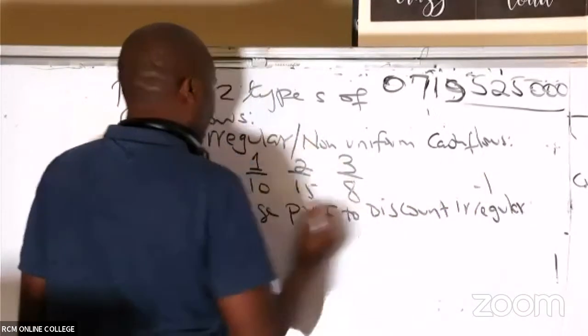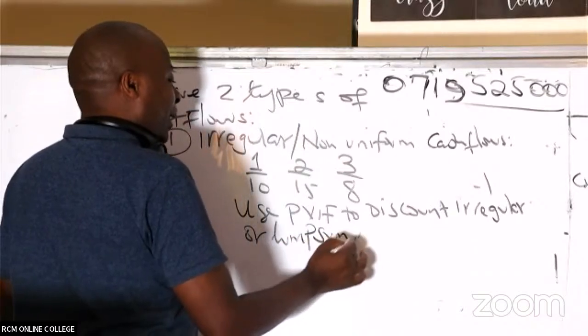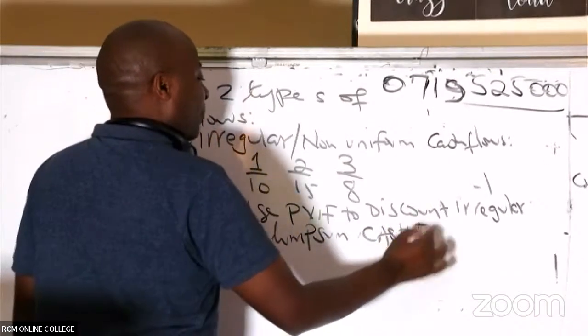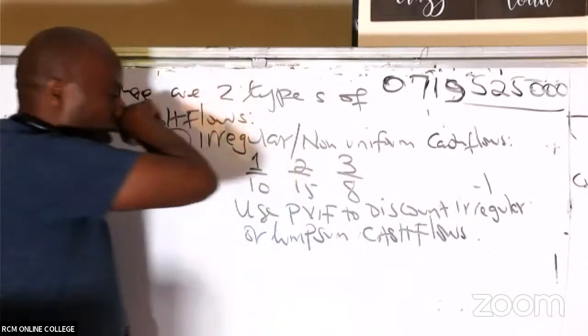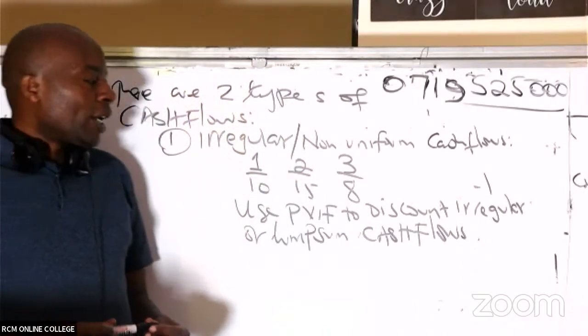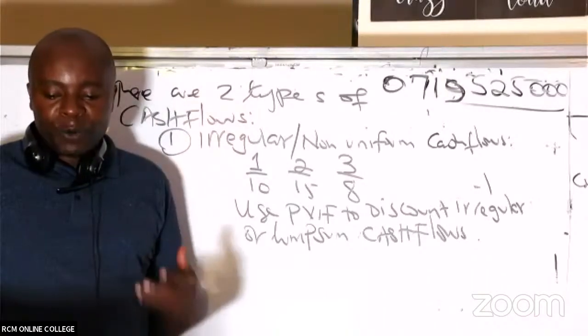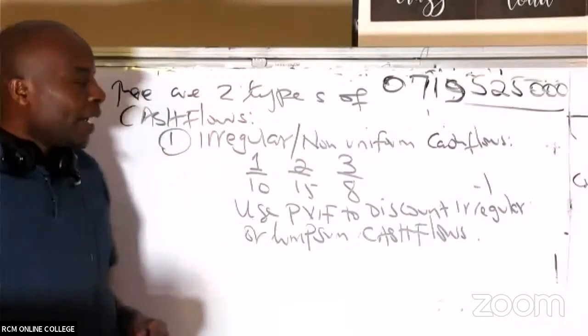Always irregular or lump sum cash flows. We use PVF to discount irregular or lump sum cash flows. What do you mean by lump sum? A one-off amount.